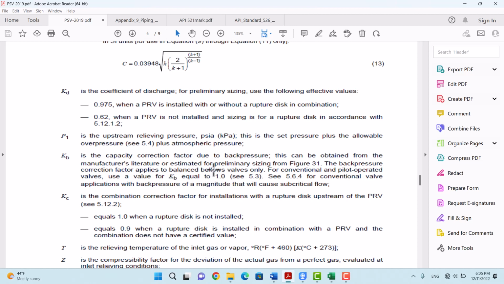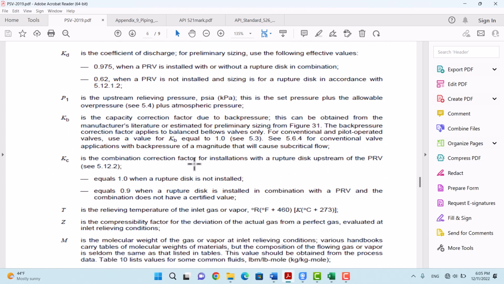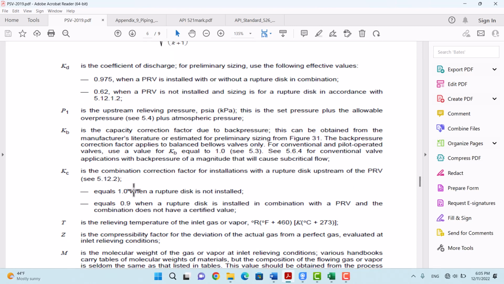So for preliminary sizing, we're going to use 1 for Kb. And Kc is the combination correction factor for installation with a rupture disc upstream of the PRV. It equals 1 when a rupture disc is not installed, and equals 0.9 when a rupture disc is installed in combination with the PRV. So since in our case we don't have a rupture disc, we select 1 as the value for Kc.